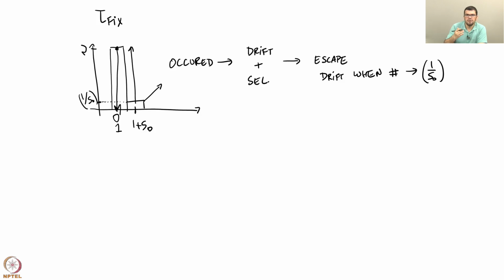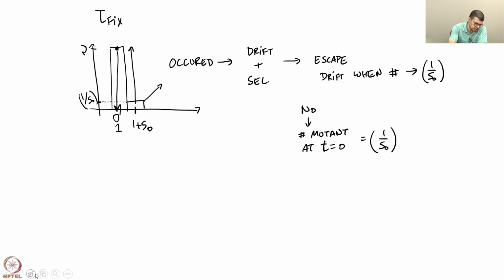So we only start when a mutation has escaped drift. So our N naught, which is the number of mutant types at t equal to 0, is simply 1 upon S naught.